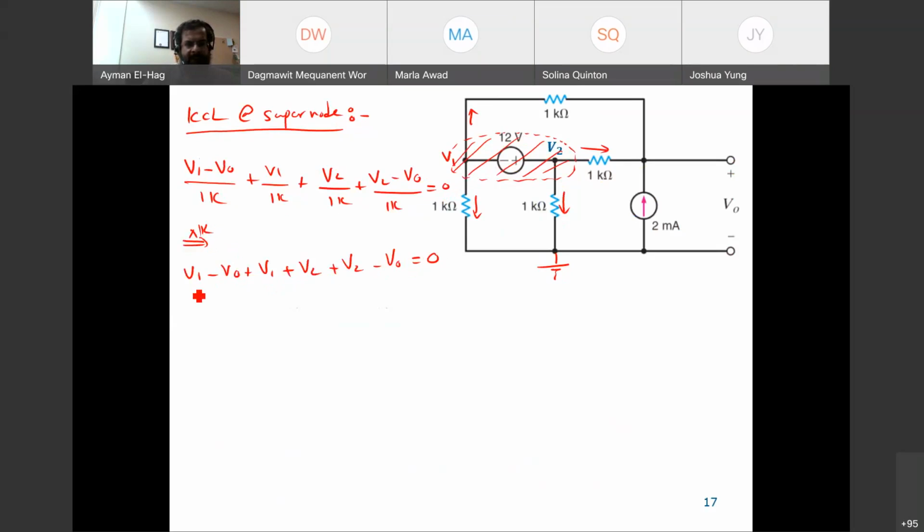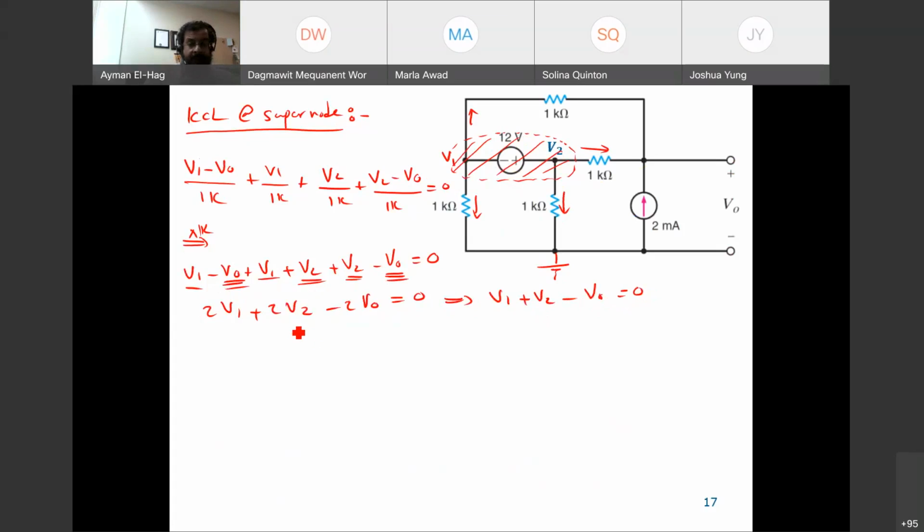Let me collect terms. So we'll have 2V1 plus 2V2 minus 2V0 equal to 0. Or we can say that V1 plus V2 minus V0 is equal to 0.